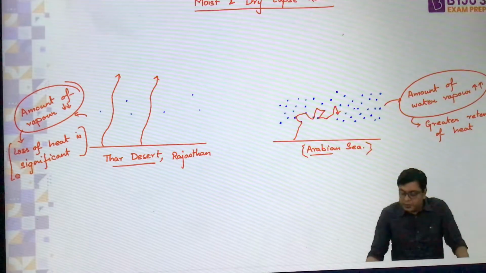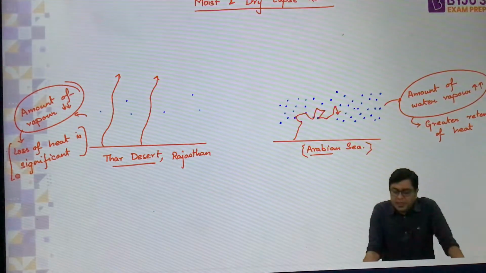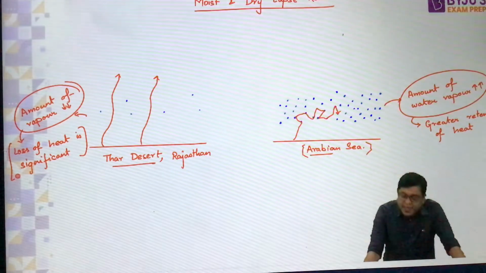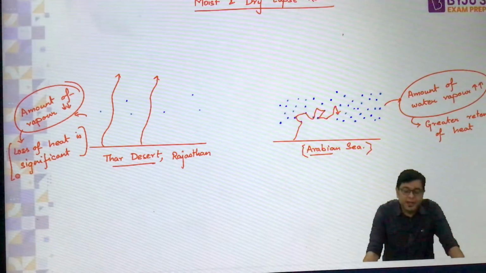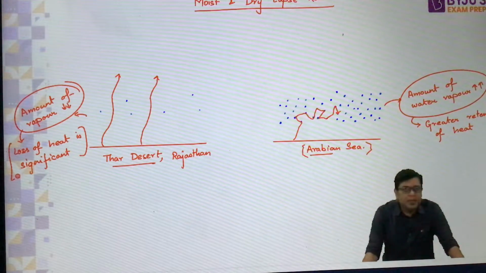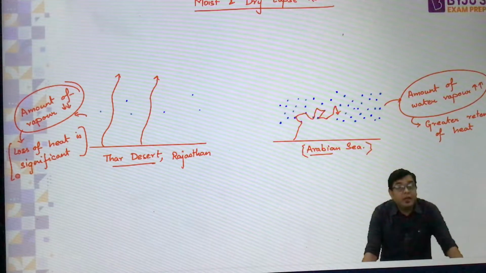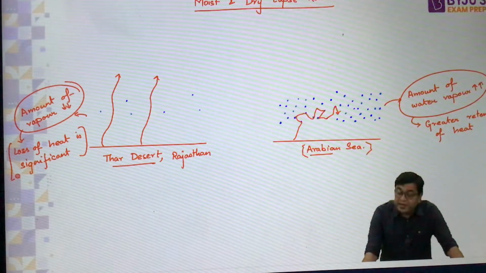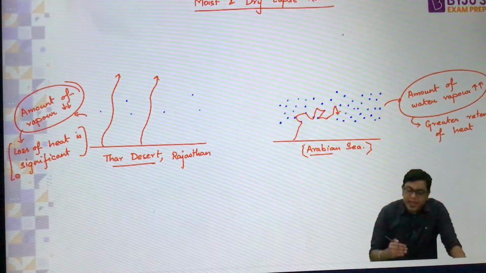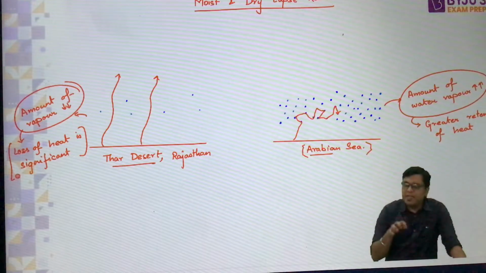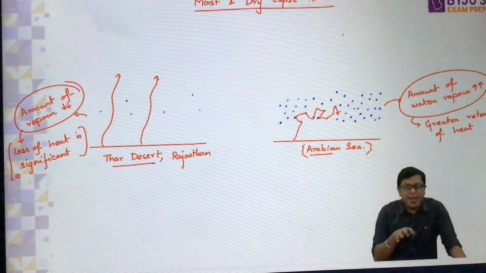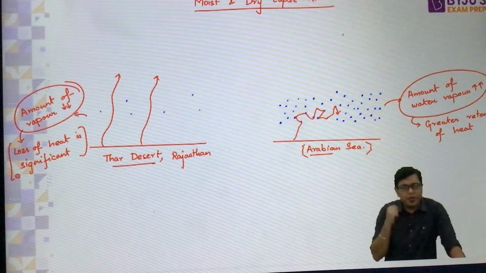In Rajasthan or the Thar Desert, because it has a minimal amount of water vapor, the rate at which heat is lost is higher. Whereas over the Arabian Sea or any water body, a significant amount of heat is retained because of the greater availability of water vapor.